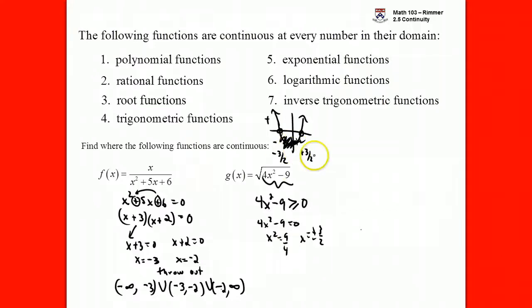So I go from negative infinity up to negative 3/2. And to answer your question, we're going to use a square bracket here. I can equal that. I go from 3/2 up to infinity. And a union symbol in between. That is the domain of that question. And that gets translated to be the domain of that function. And then that is where that function is continuous.